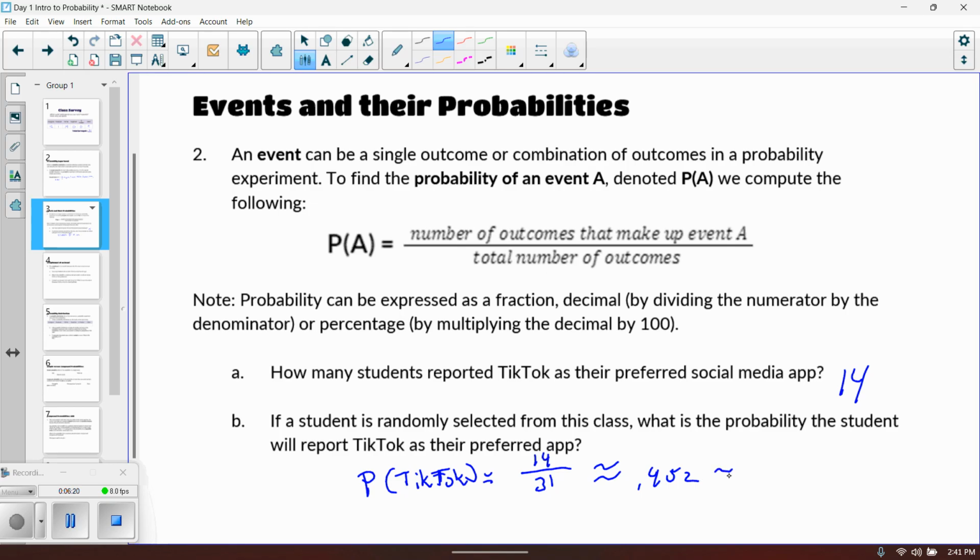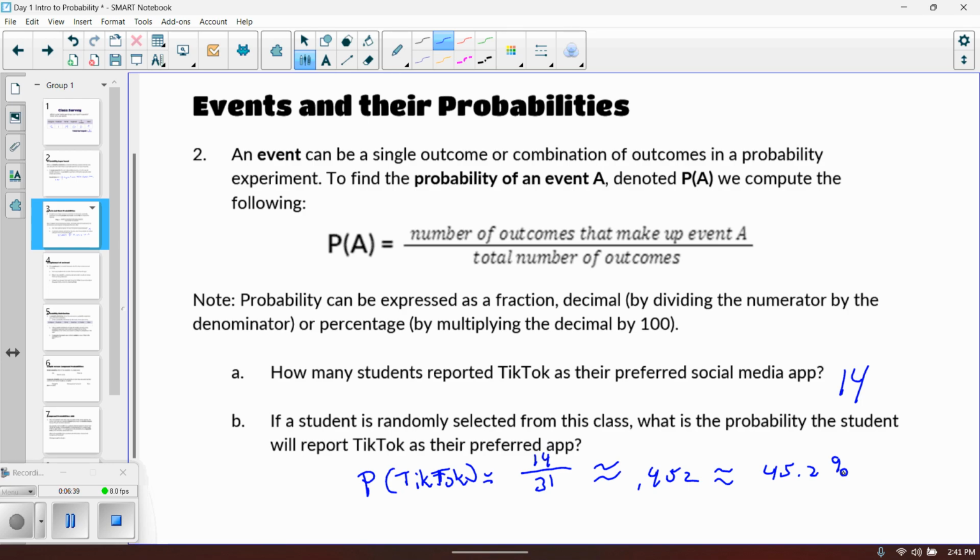Or we could say as a percentage, if we multiply that by 100, move the decimal 2 places to the right, 45.2%. So not quite half the class, but almost half of the class selected TikTok.